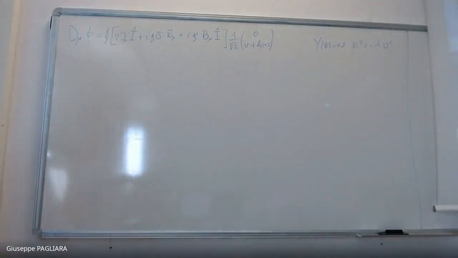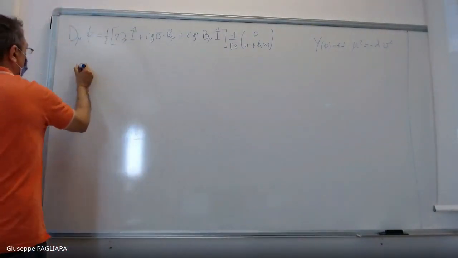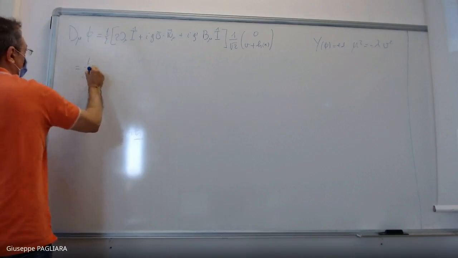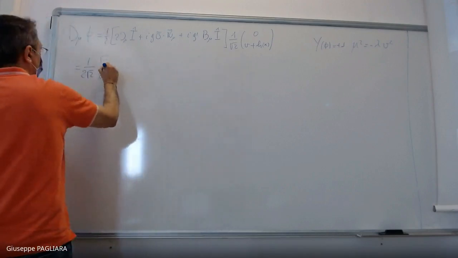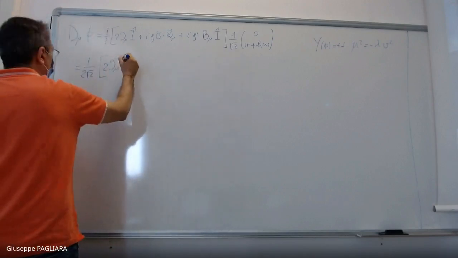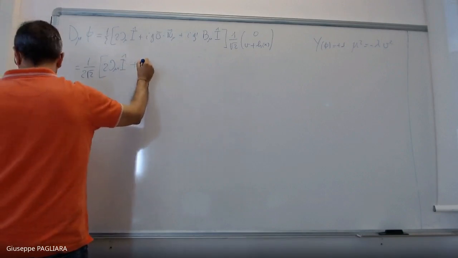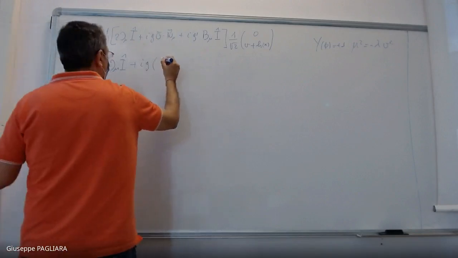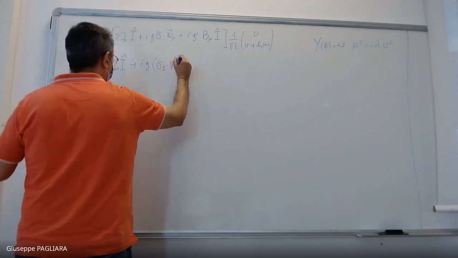In general. So now, let me write it in a more explicit way. So we have 1 divided by 2 times square root of 2, that we put in here. Then we have twice the standard derivative and the identity matrix, 2 by 2, plus i g. Here we make explicit the scalar product of the Pauli matrix with the bosons.